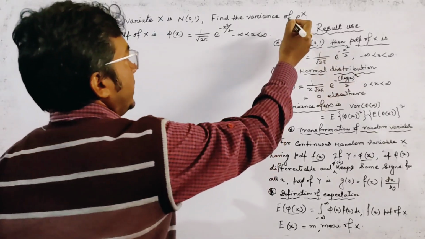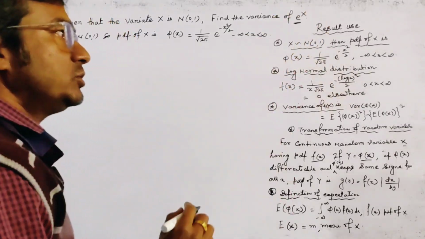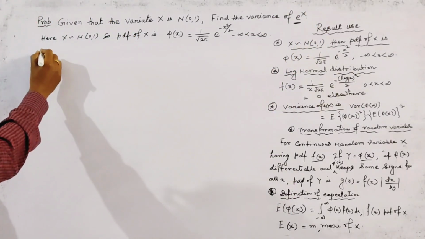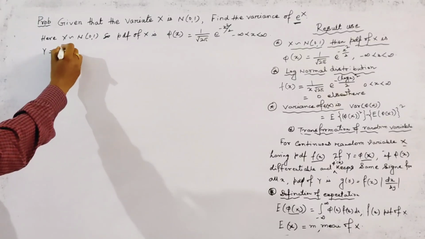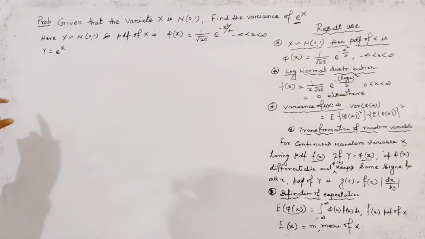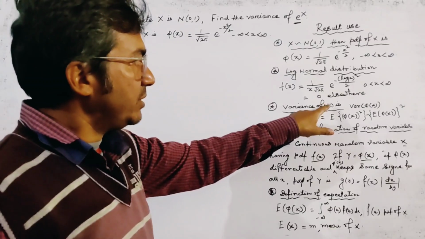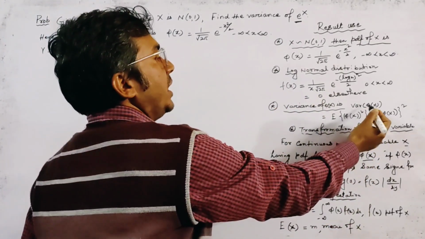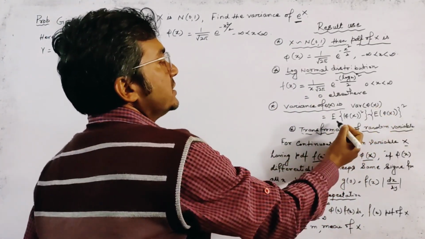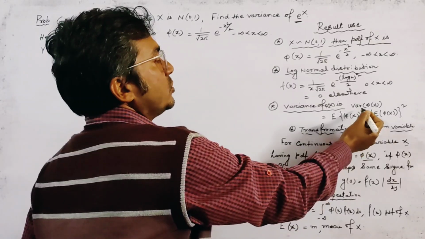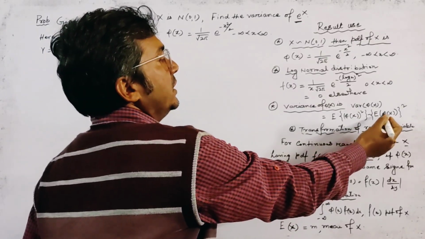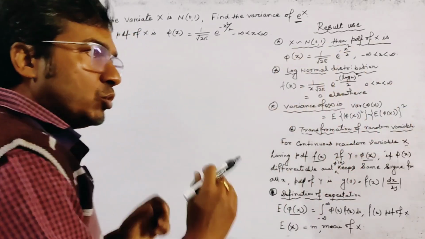Now we have to find the variance of e to the power x. Let y be equal to e to the power x. The definition of variance of any random variable phi of x is var of phi of x equals expectation of phi of x whole square minus expectation of phi of x whole square.